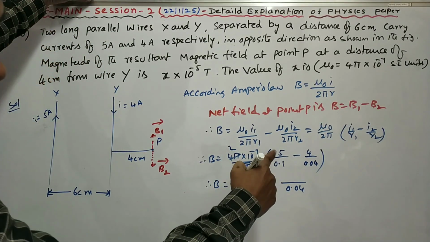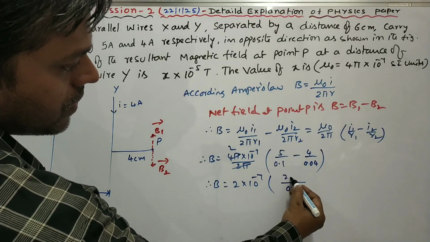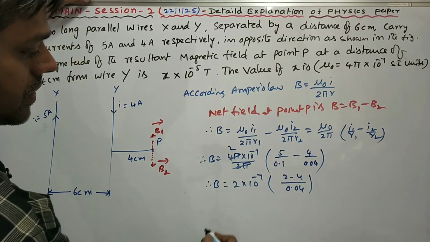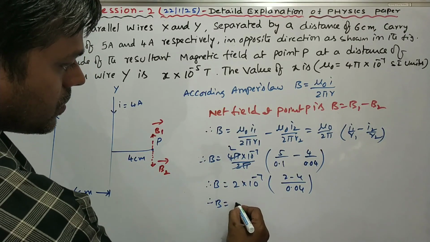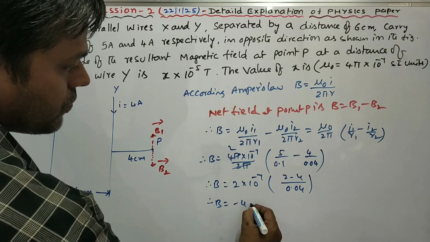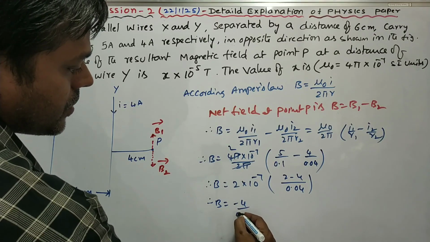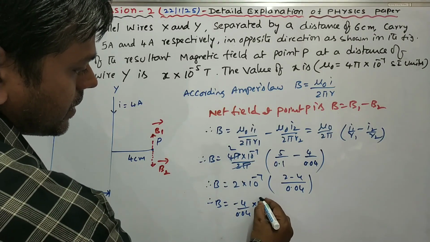0.4, we get 2 minus 4, isn't it? Therefore B is equal to minus 2, means minus 4 by 0.04 into 10 power minus 7.